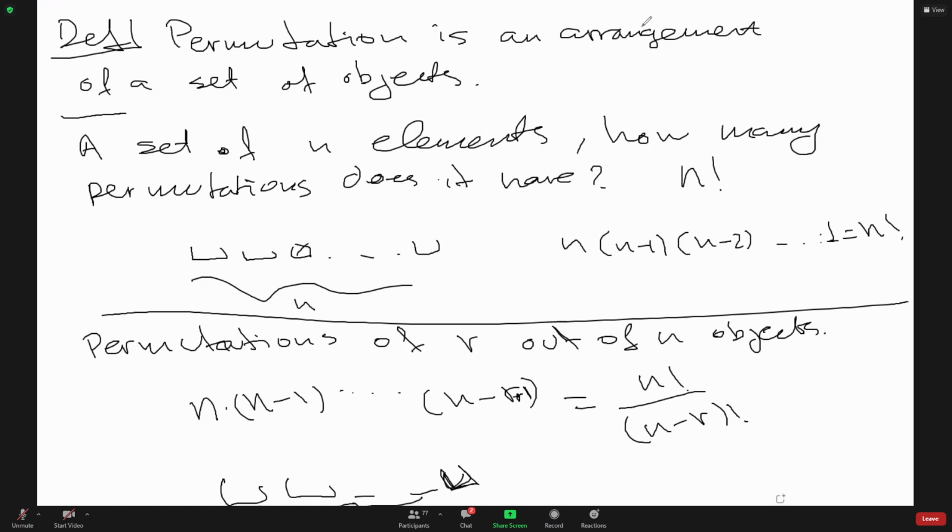Now, here's the question. Let's say we want permutations of n objects that are of different kinds.